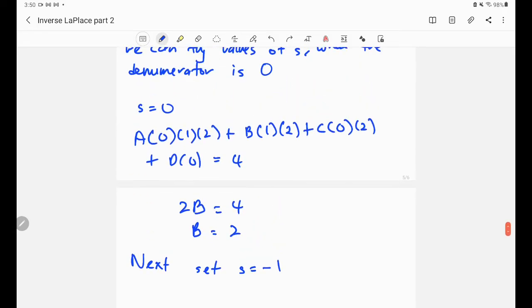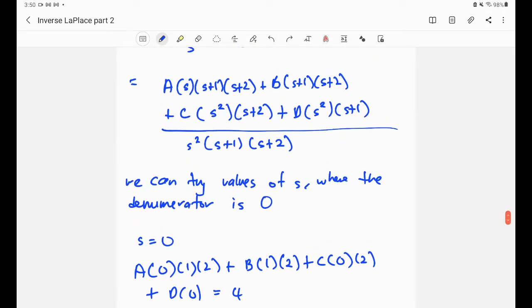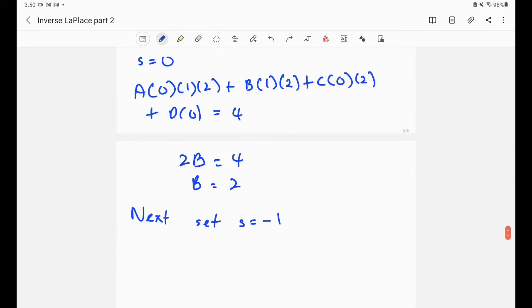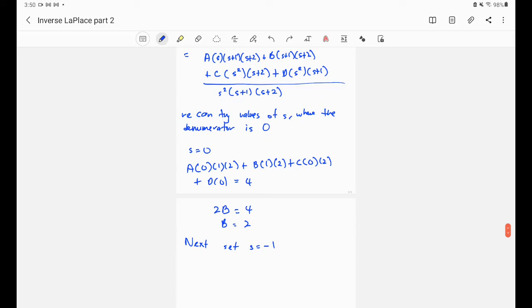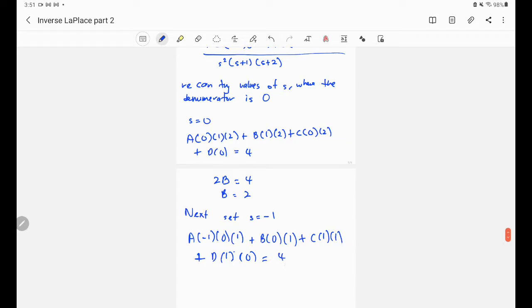So then A(-1)(0)(1) plus B(0)(1) plus C(1)(1) plus D(1)(0) equals 4.